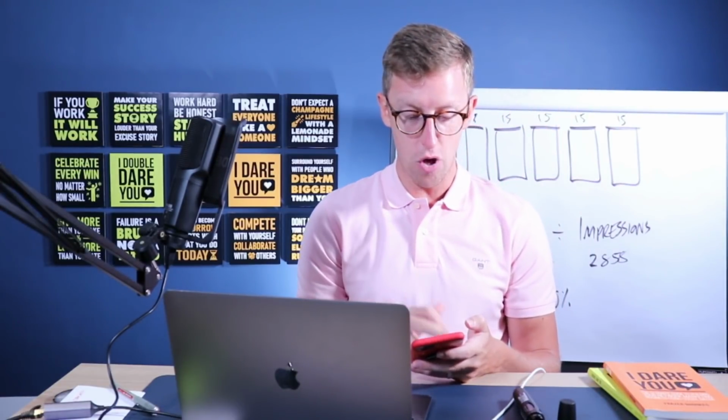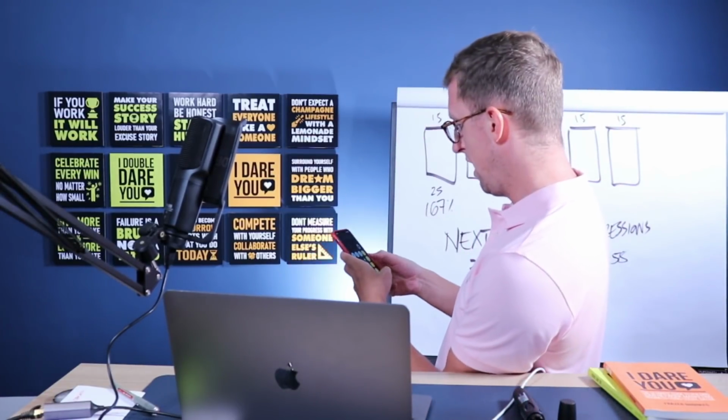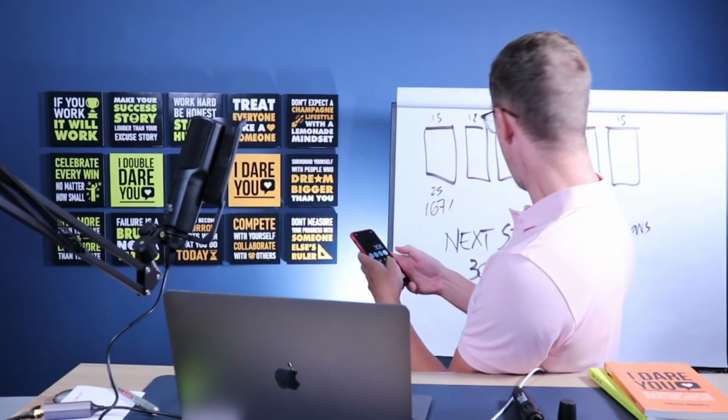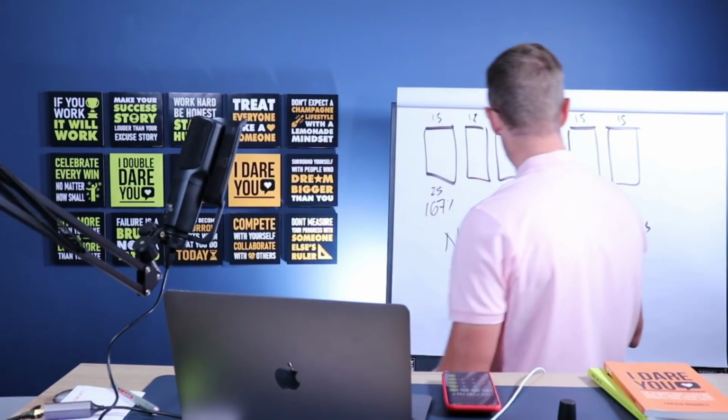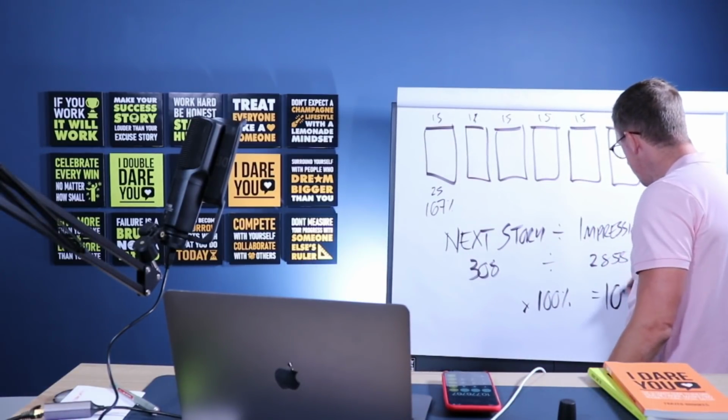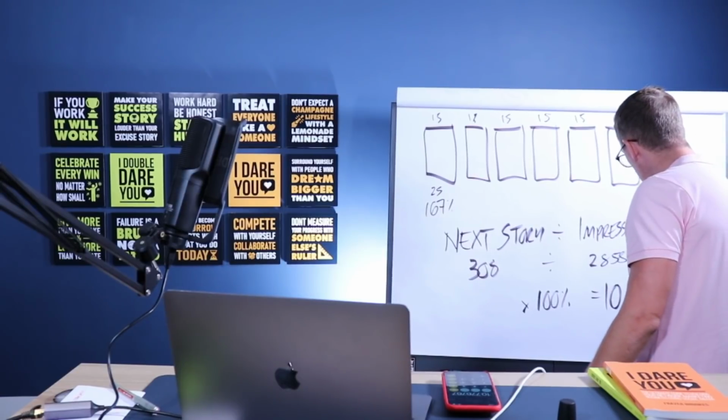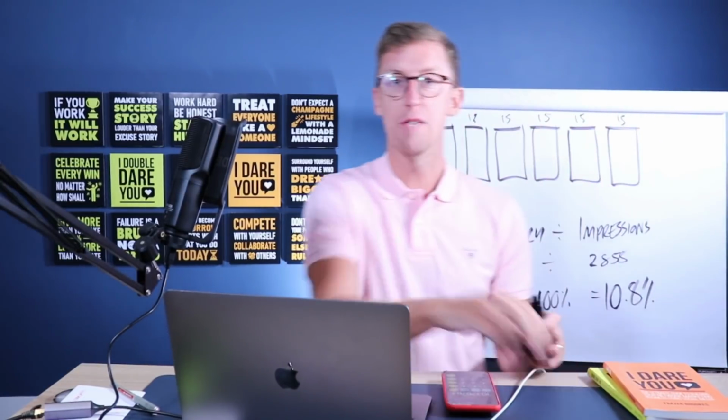So let me show you what mine is. Mine is 308 divided by 2858 times by 100% is 10.8%, right? 10.8%.